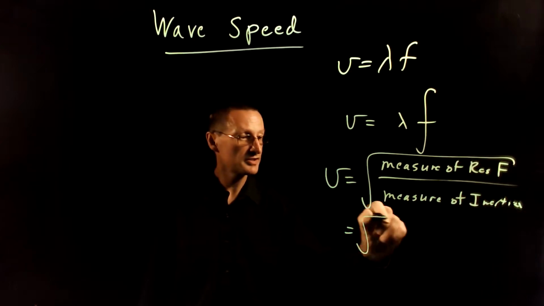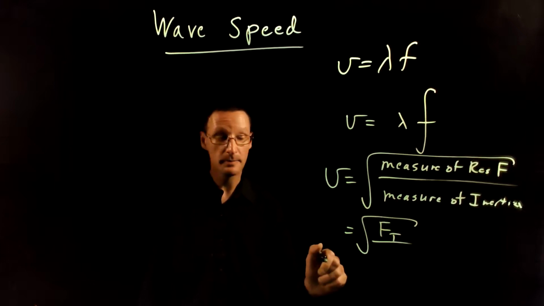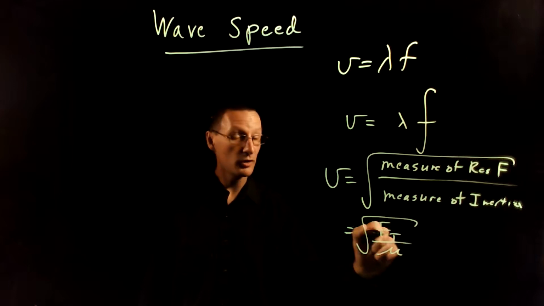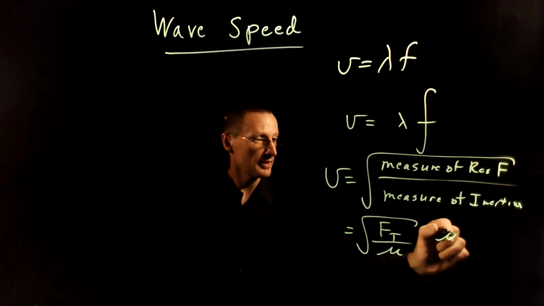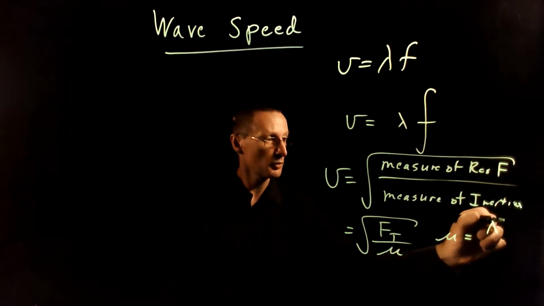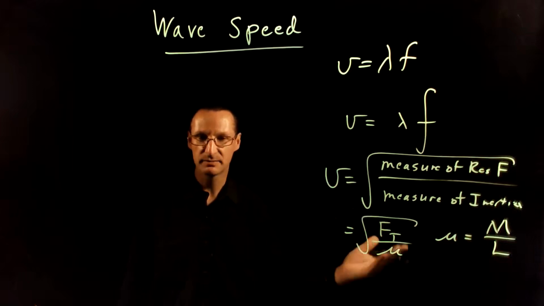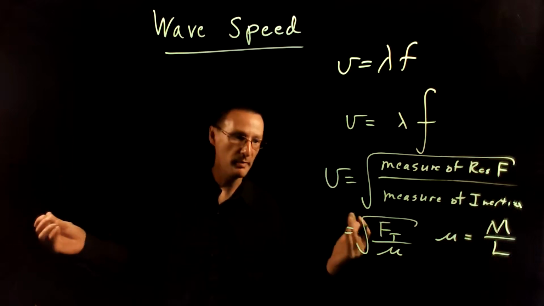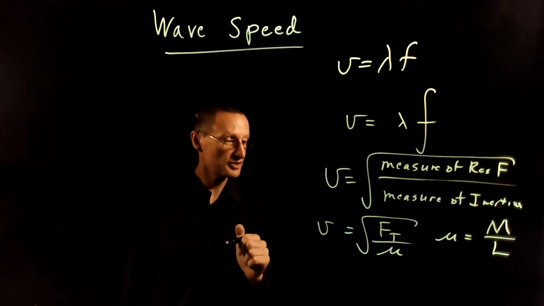For waves on a string, the measure of restoring force is the tension in the string, and the measure of inertia is the so-called mass density, or mu is the letter that we're using. So mu is just the total mass of the string divided by the total length. You can think of this as like the mass per foot. It's the mass taking into account that longer strings will have more mass. So that's what dictates wave speed on a string.